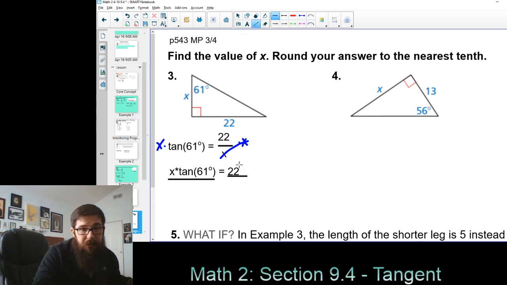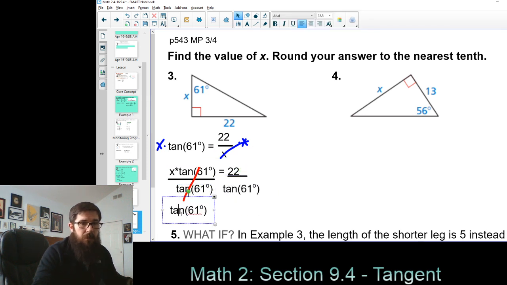If I go through and divide both sides by tan 61, let me cross cancel these tan 61s on the left side. So now I've got x equals 11.